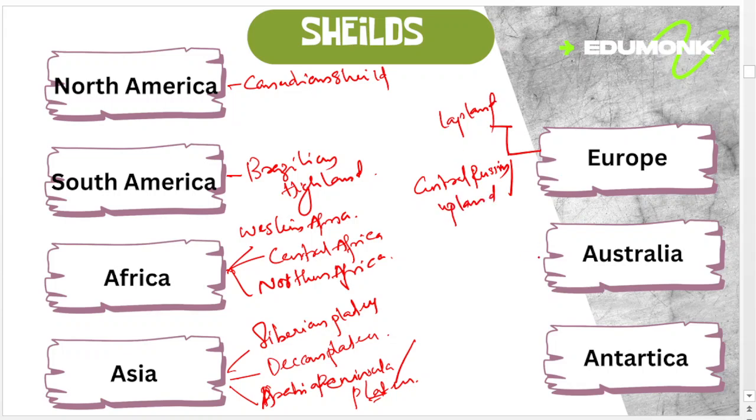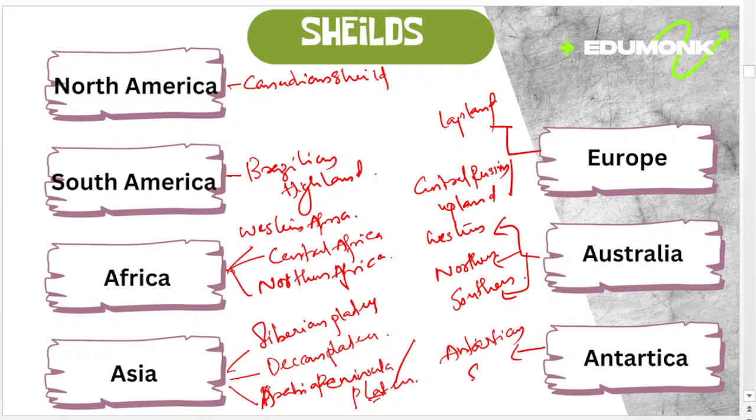Then in Australia, there are three shields: Western, Northern, and Southern. In Antarctica, you can see one shield, the Antarctican shield. So these are all the shields all over the world.